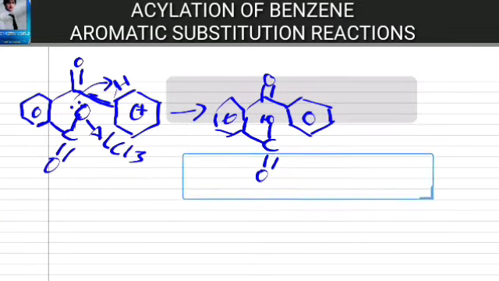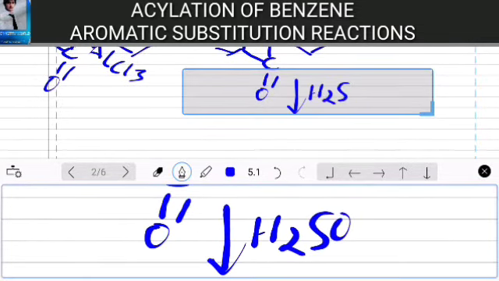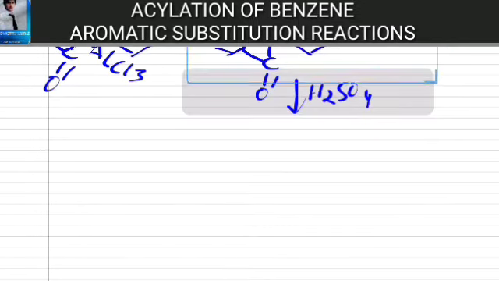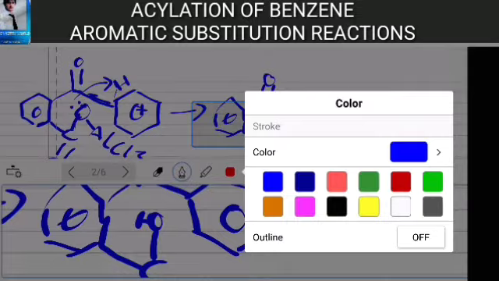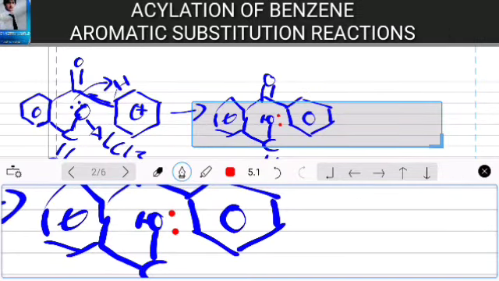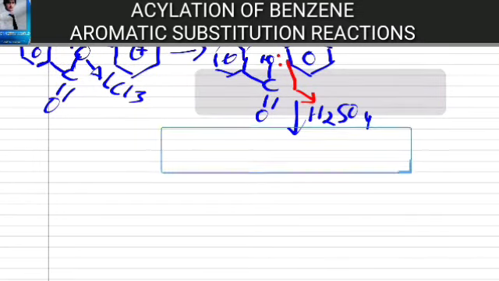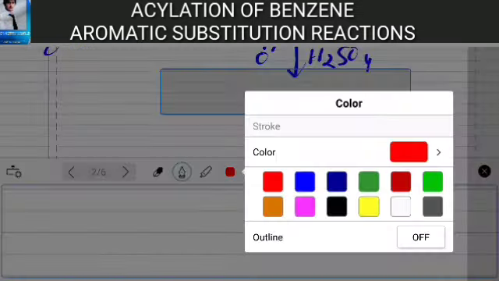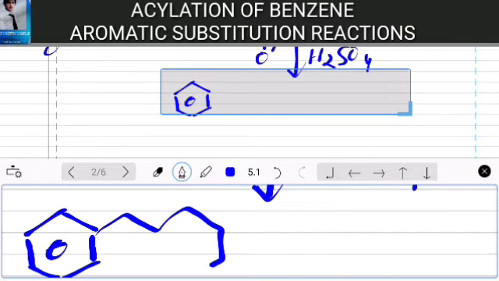The reaction proceeds and we give H2SO4 to this reaction. This OH, there is a lone pair, attacks on the H positive of H2SO4 and becomes the structure just like that.